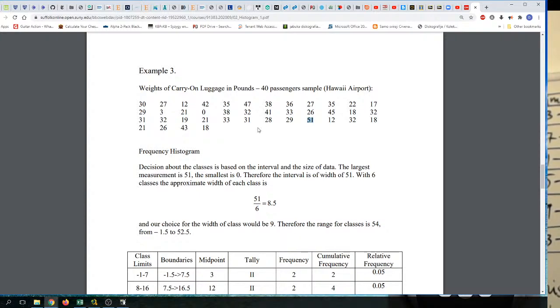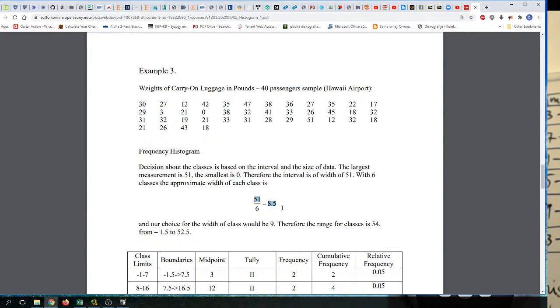Let's say 6 classes again. I'm not making anything very original here. Again, 40 things, just like those players in the NFL. I can get the 6 classes again. It has to cover the range between 0 and 51. So if I divide 51 by 6, I will get 8.5.